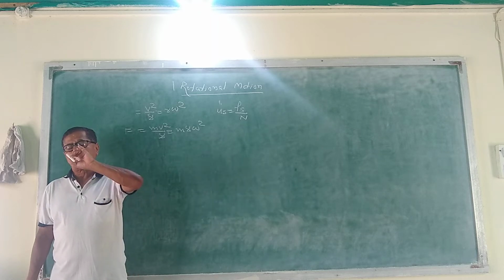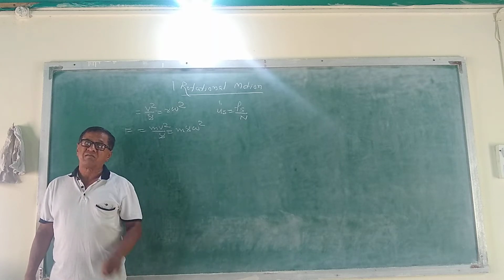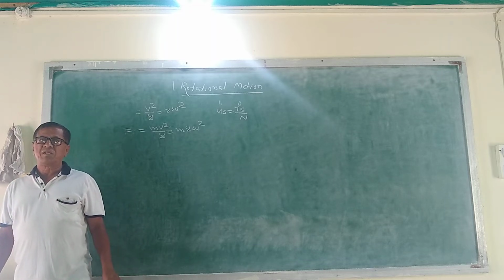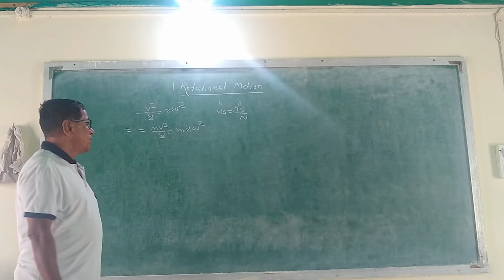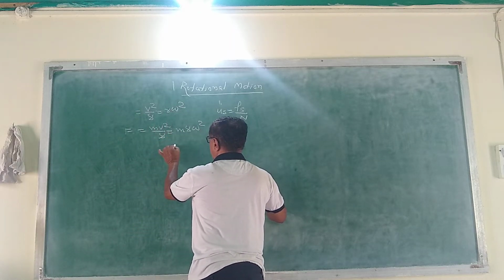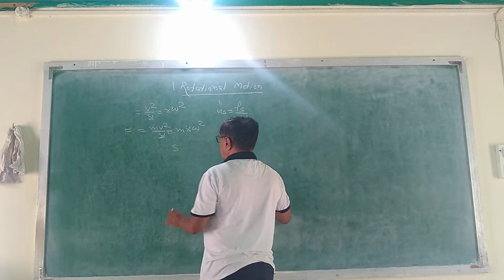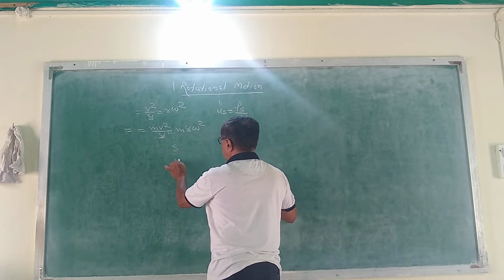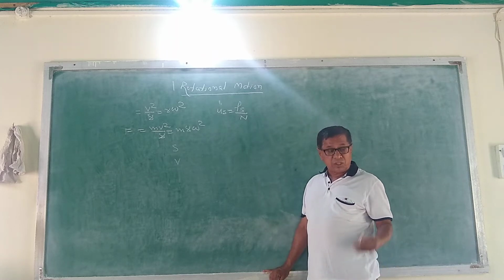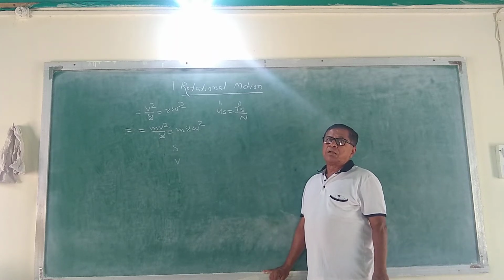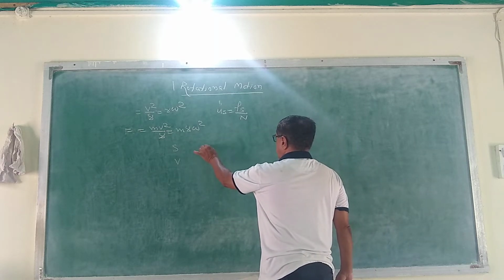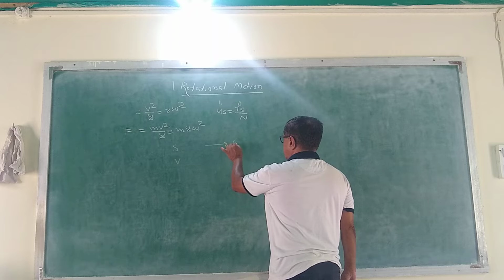Now, the rotational motion and the translational motion. In translational motion, there were different terms. They are the displacement, which is taken as S, and the velocity, taken as v. In rotational motion, or circular motion, the displacement is called the angular displacement, taken as theta.